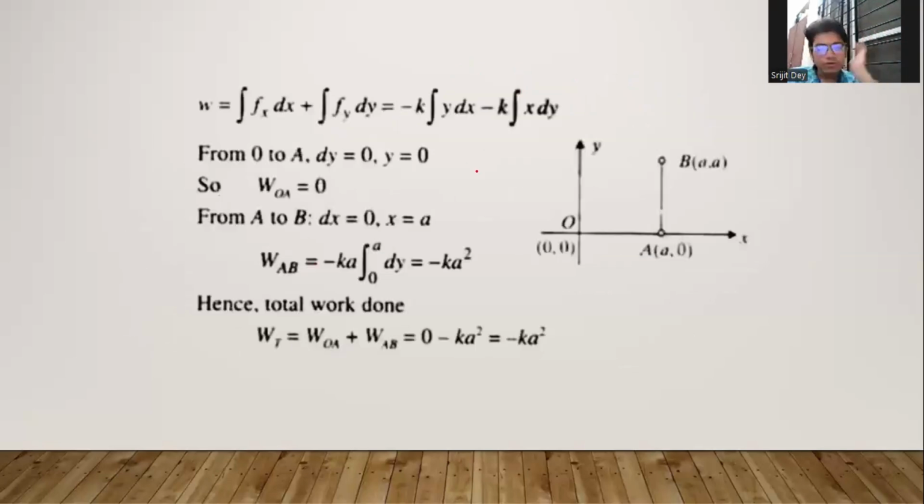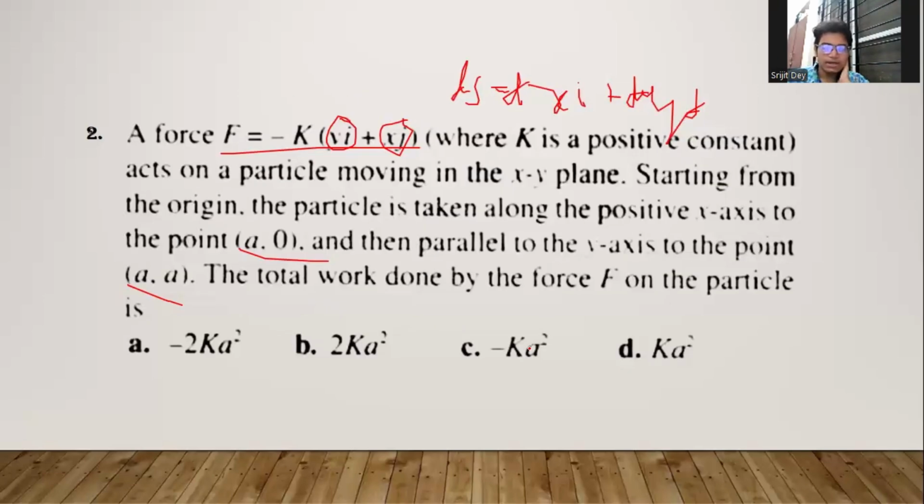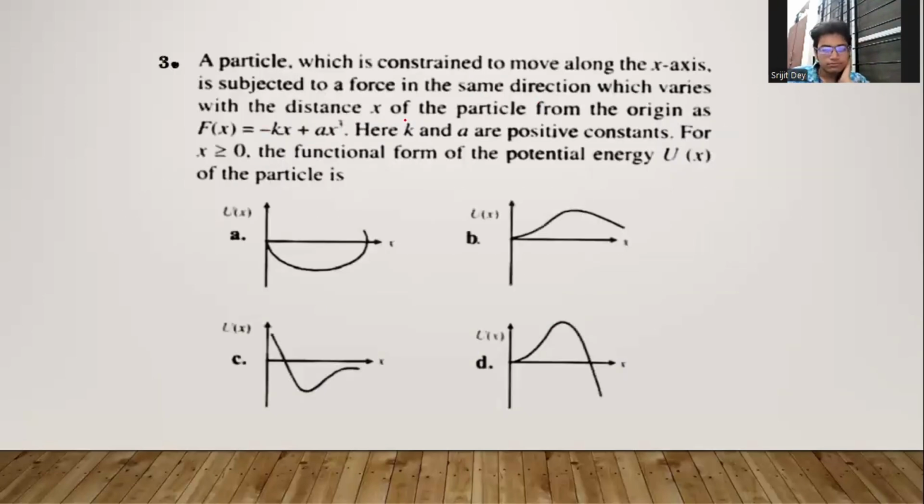So if you see the solution, then see over here they have integrated it by taking dx and taking dy. Okay, and after doing the calculations, this is simple integration. After doing the simple integration and calculation, they have got it as minus k x square k square. So your option is the answer.